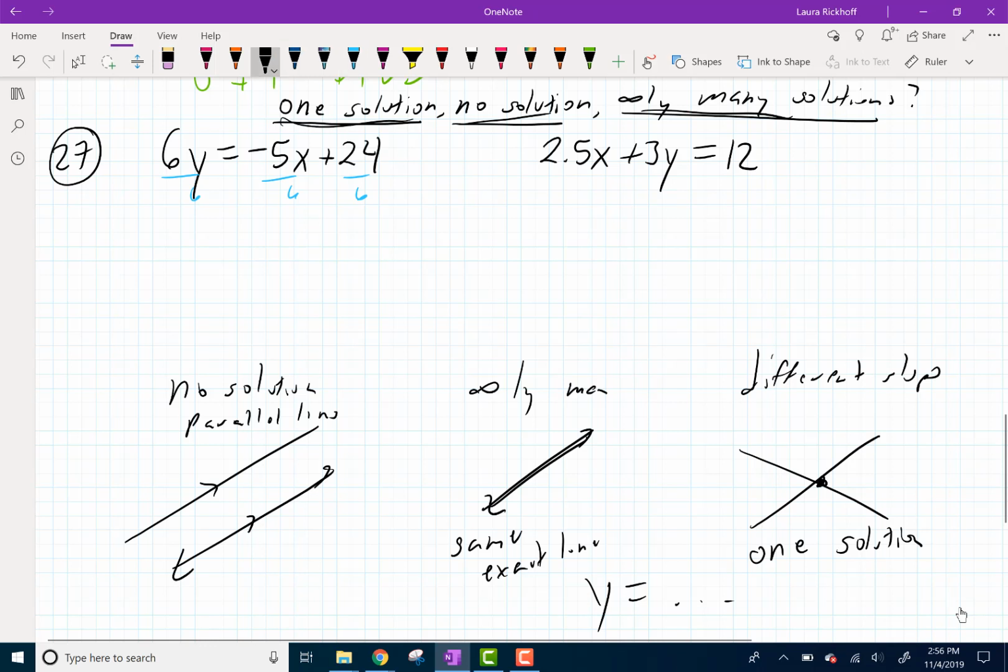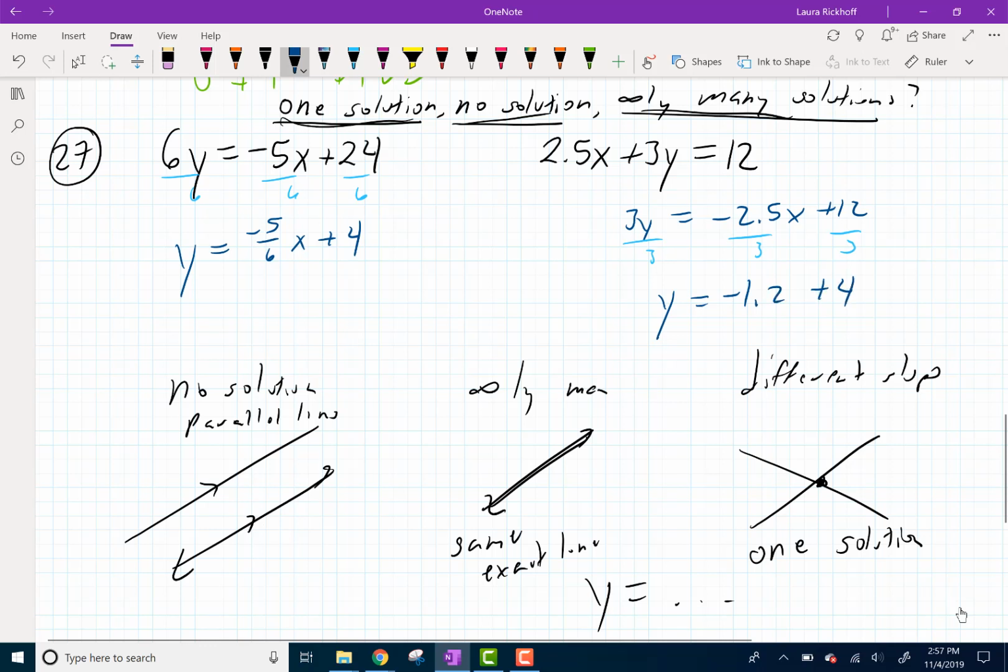So I'm going to say that y equals negative 5/6 x plus 4. And then I'm going to get the y alone on the other guy. So if I subtract the 2.5x over, and then I divide everybody by 3, I can isolate my y. And negative 2.5 divided by 3, I can look it up, it's negative 1.2.